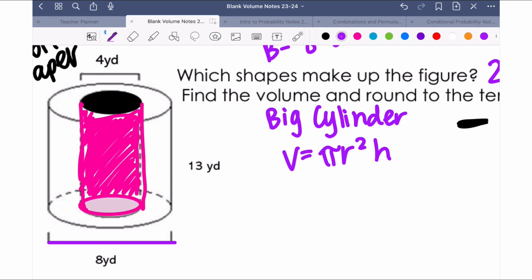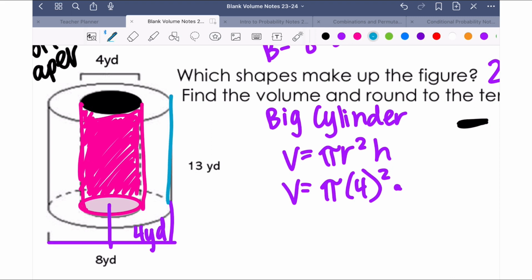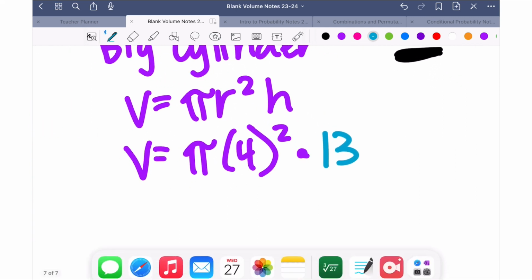And so if I want half of it, what's half of 8? 4. So my radius is 4. Squared times the height. What is the height of the cylinder? 13. Okay. All right. There's the first cylinder.